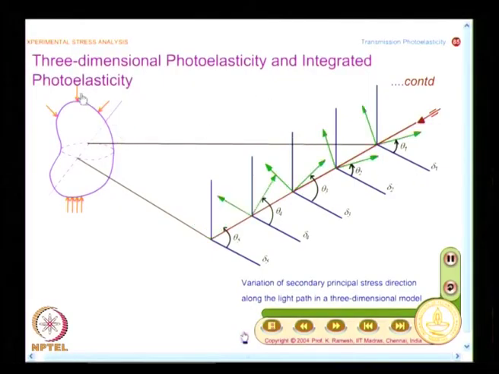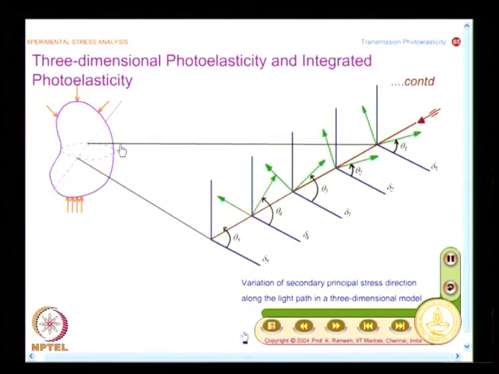There could be another class of problem where the magnitude remains same, but there is a rotation of the principal stress direction along the light path. And problems of this nature, people have found out even analytical solution, how to go about and evaluate the stress distribution. So, the moment you come to 3-dimensional photoelasticity, you cannot confine your knowledge development only to the plane of interest, but you will have to bring in the stress distribution along the light path. So, that makes the problem complicated, and have a reasonable sketch of this diagram.